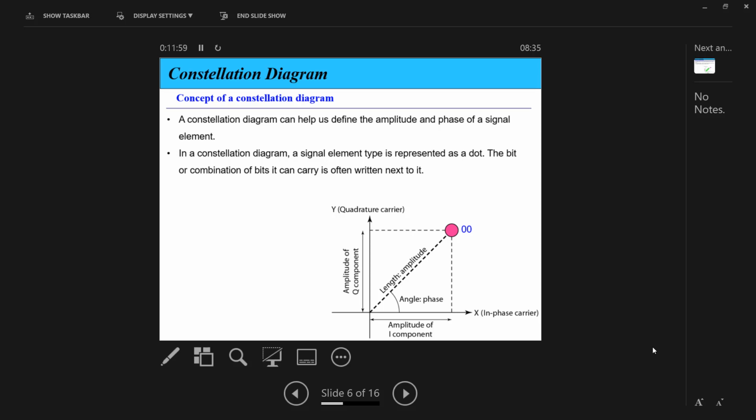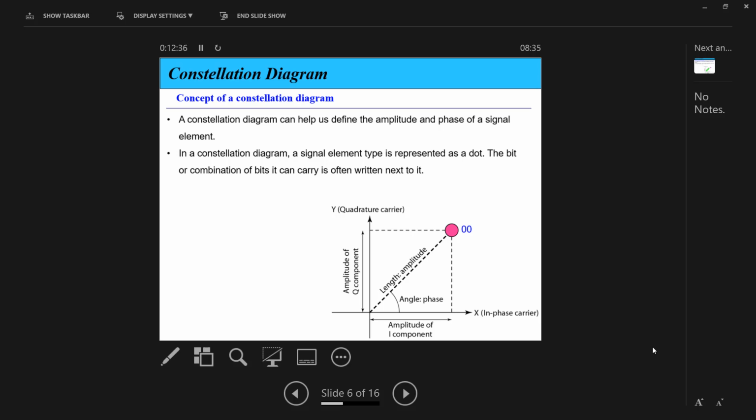So this is the representation. Now if I need to represent 256, it is much easier. I will put 256 points. Each point will have a certain amplitude and a certain phase. So I can represent whatever number of levels or modulation technique using the IQ diagram or constellation diagram.